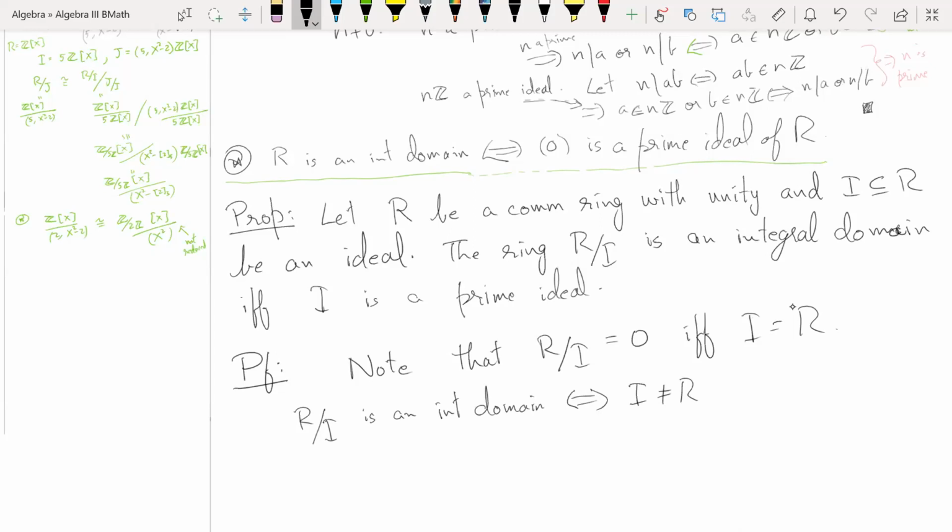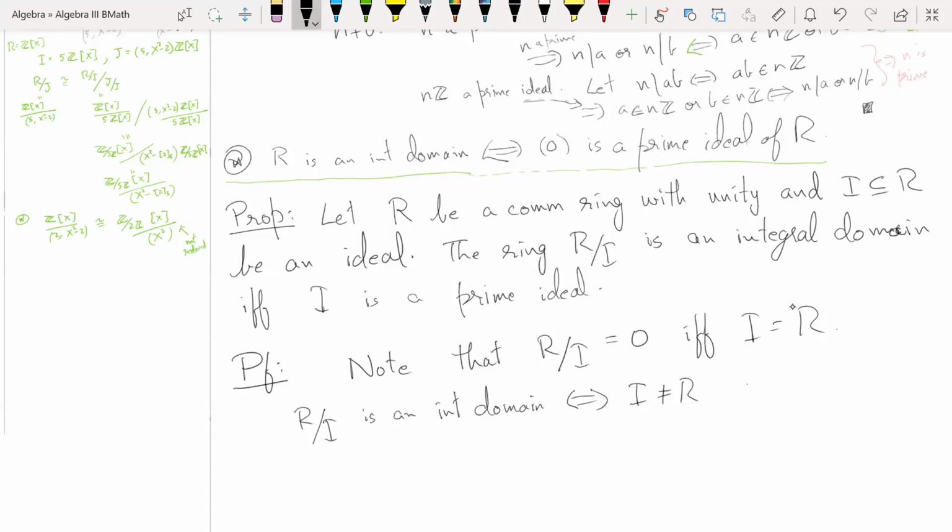The commutative ring with unity is guaranteed because R is, and it's a non-zero ring because I is not equal to R. And we want every non-zero element to be a non-zero divisor.